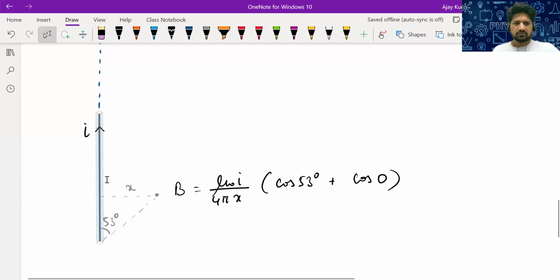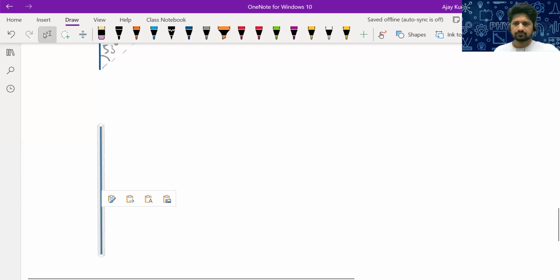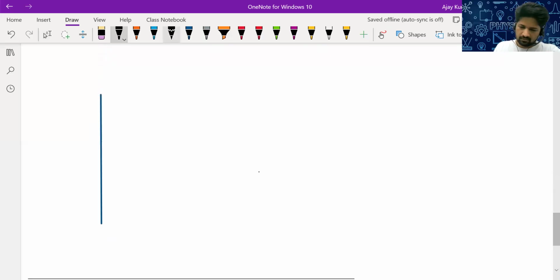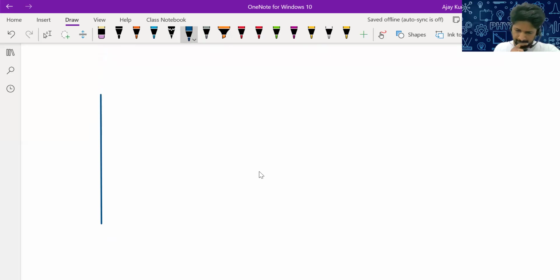Now try this question. Let's consider a finite wire itself. The point where we want the magnetic field is like this. The distance is x only. The current is I. Current is flowing upward.